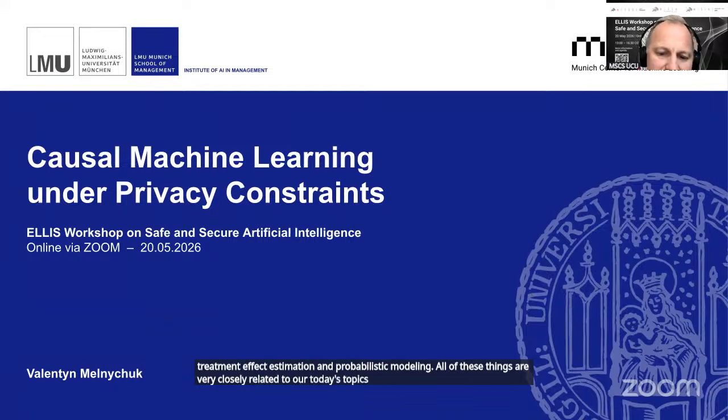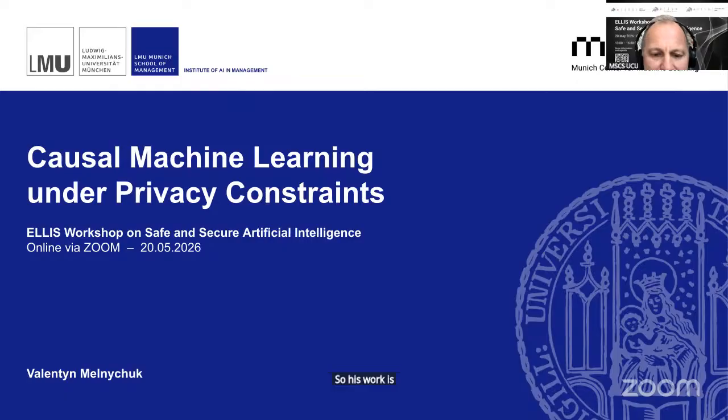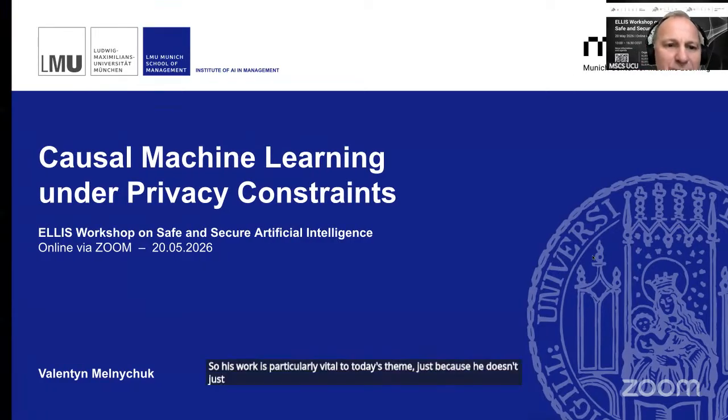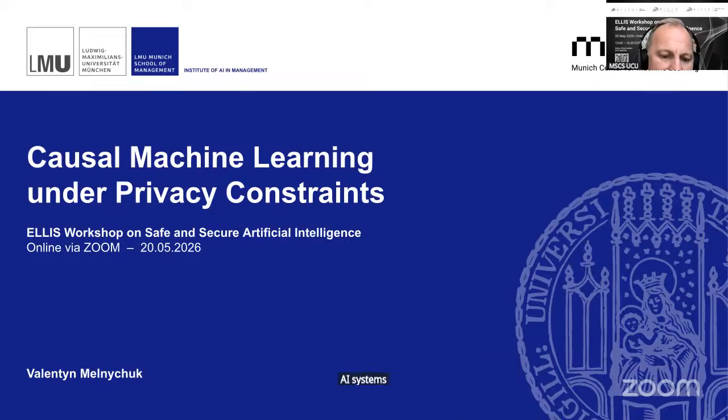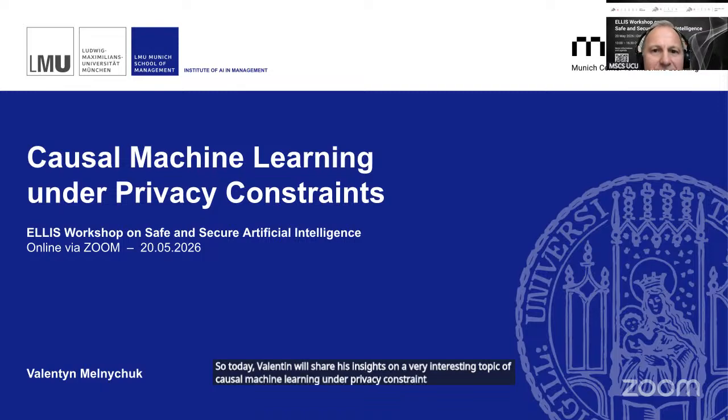His work is particularly vital to today's theme, just because he doesn't just focus on model performance. He investigates the core of reliability, fairness, and safety in AI systems. So today, Valentin will share his insights on a very interesting topic: causal machine learning under privacy constraints. And Valentin, the floor is yours.